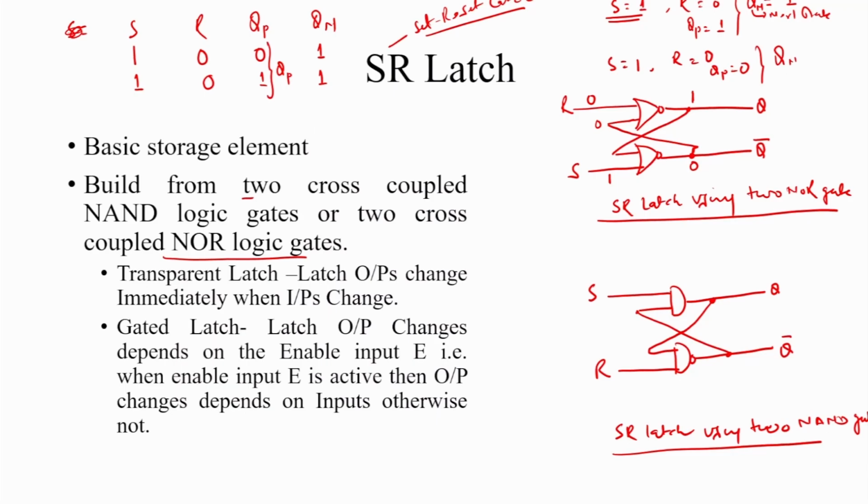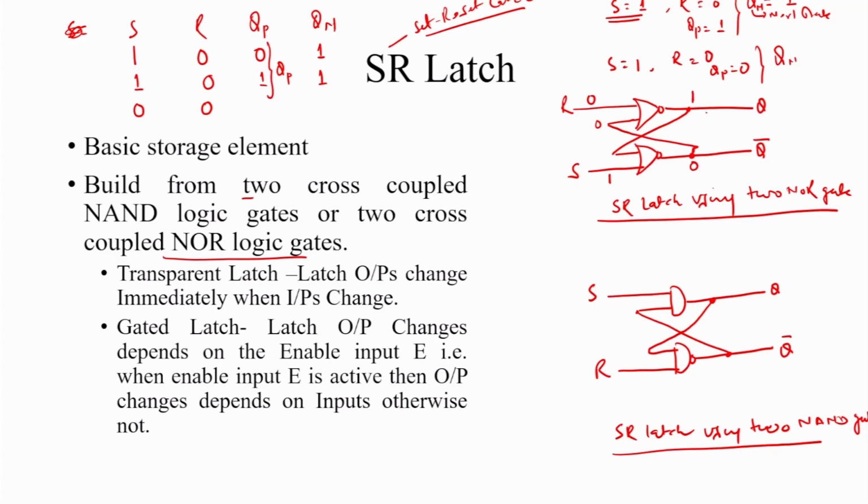What happens next? Suppose again this is 0, 0. What happens in the case when both S and R are 0, 0? In the case of a NOR gate, when R is 0, the output of the NOR gate depends on the second input, and here S is 0, so the output also depends on the second input.